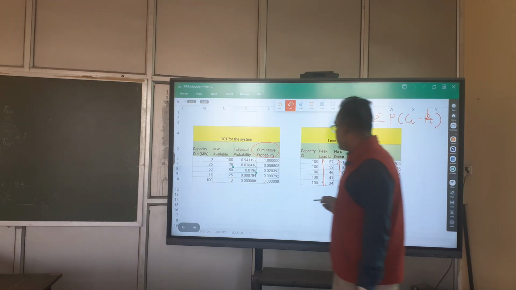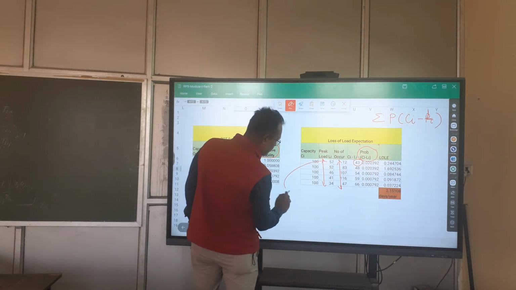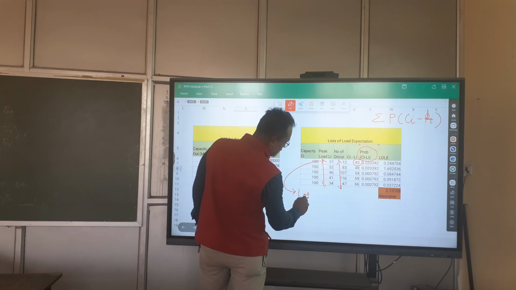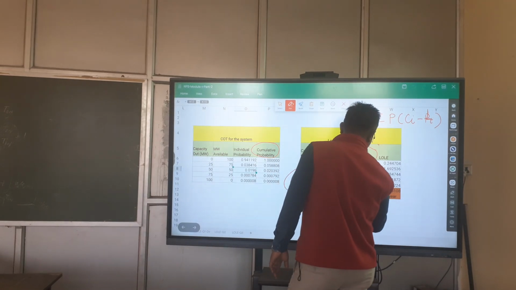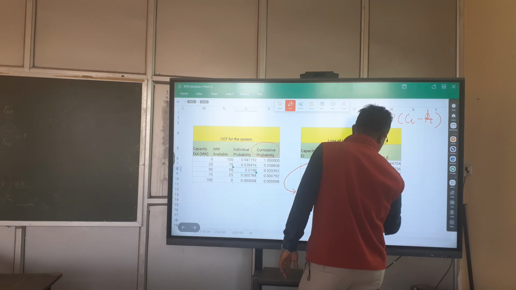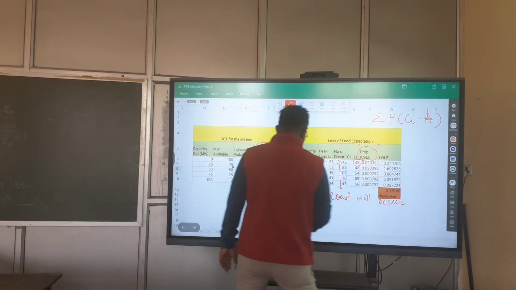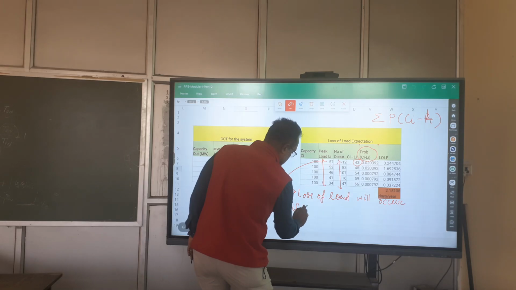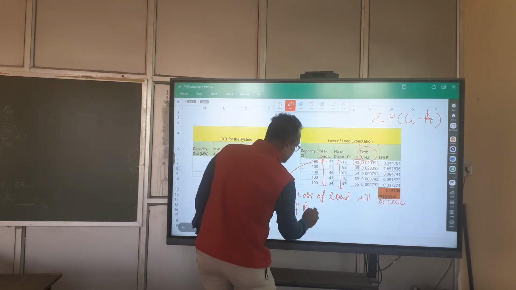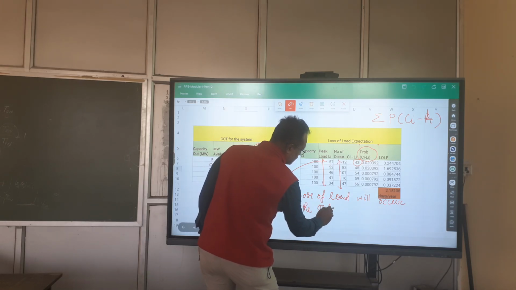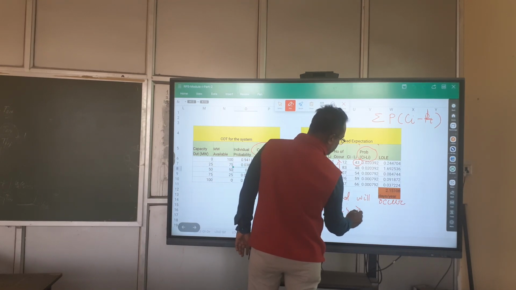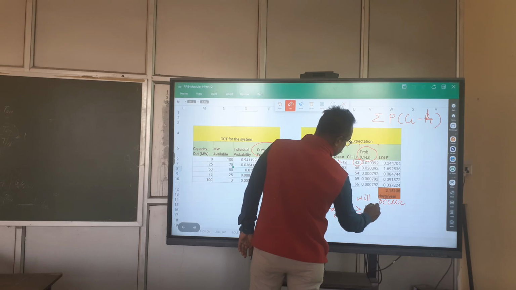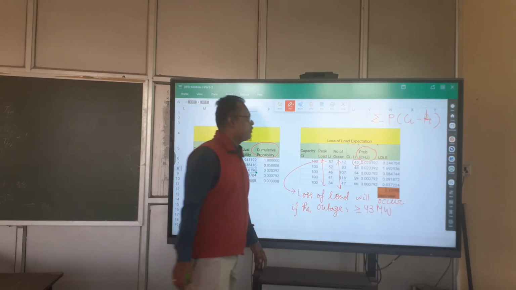So I can write here, for this case, loss of load will occur if the outage is greater than or equal to 43 megawatt.